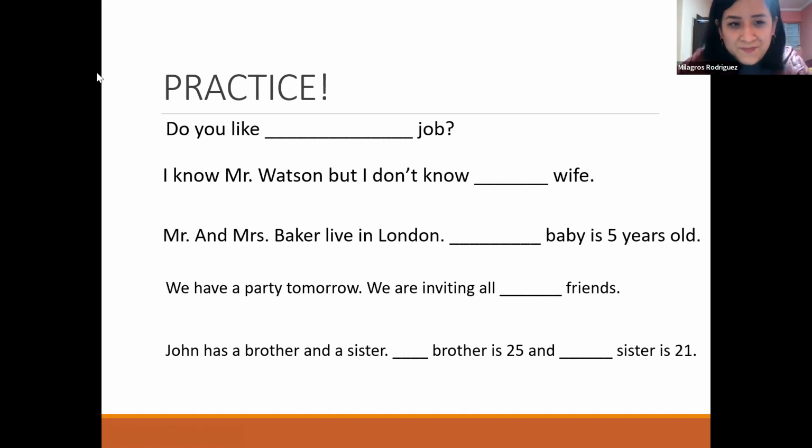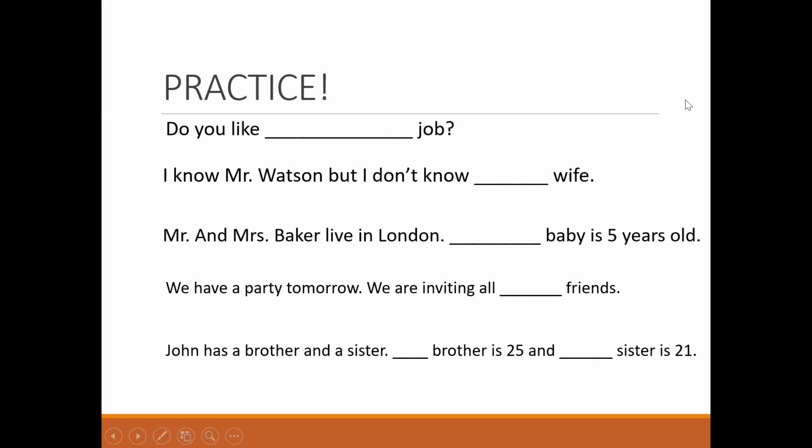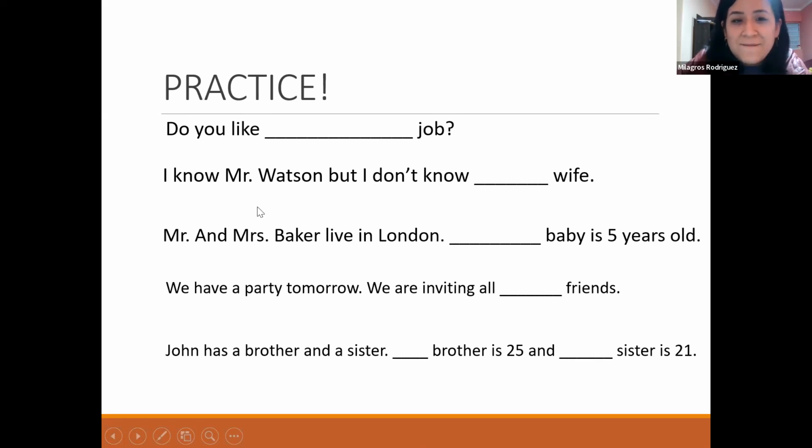Number 2, the second. Who can read the second? I know Mr. Watson, but I don't know his wife. Very good. I know Mr. Watson, but I don't know his wife, because you're talking about a man. You're talking about he, Mr. Watson. Correct. The third, who can read the third?